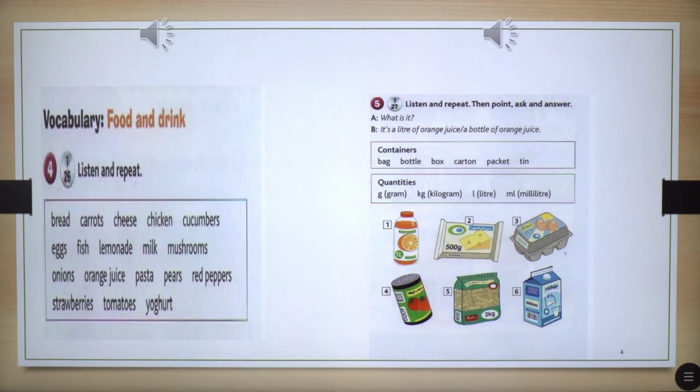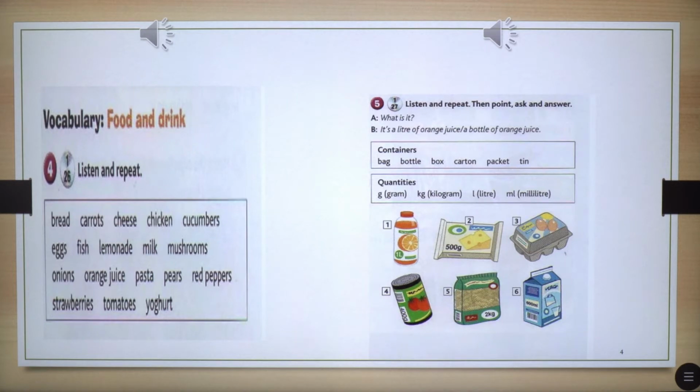The fourth one, look at the container. We usually keep sauces in it. So in this case it is tomato sauce. And what do you think? What is it called? It's a tin. So we call these containers tins.